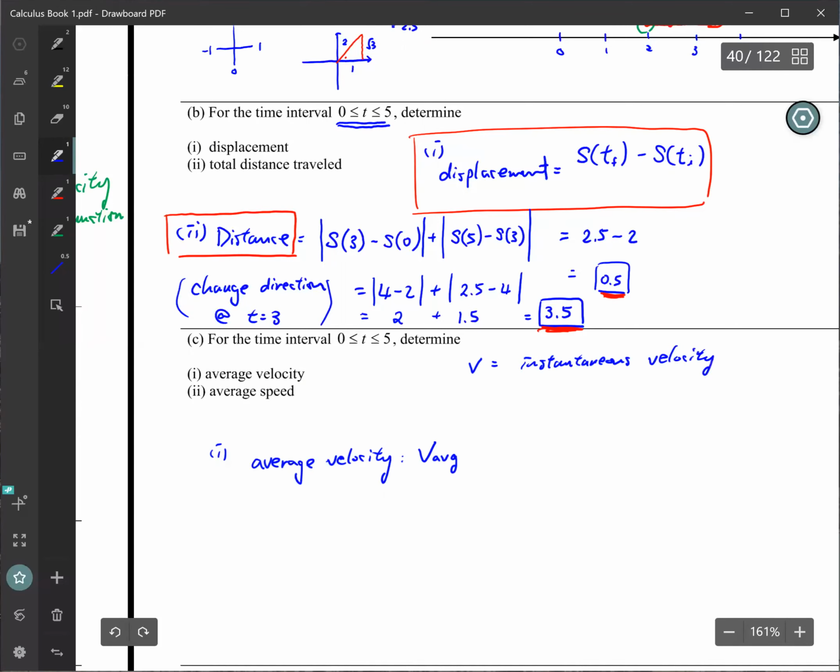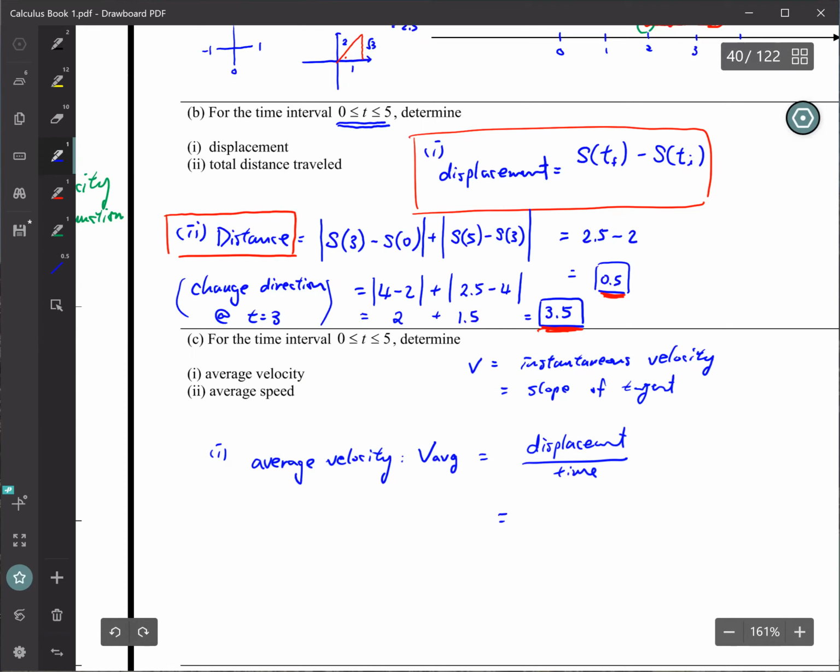So that's talking about the slope of the tangent. Okay, you had homework on that. Now average velocity, because it's talking about average, we don't care about what's happening in the middle. So we will be using the displacement over the time.